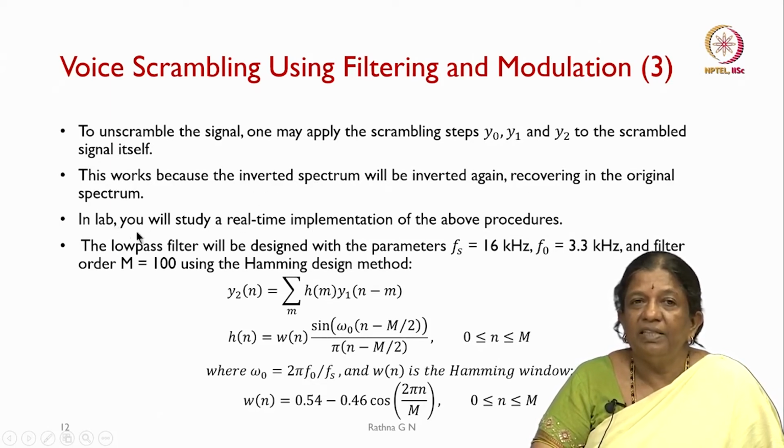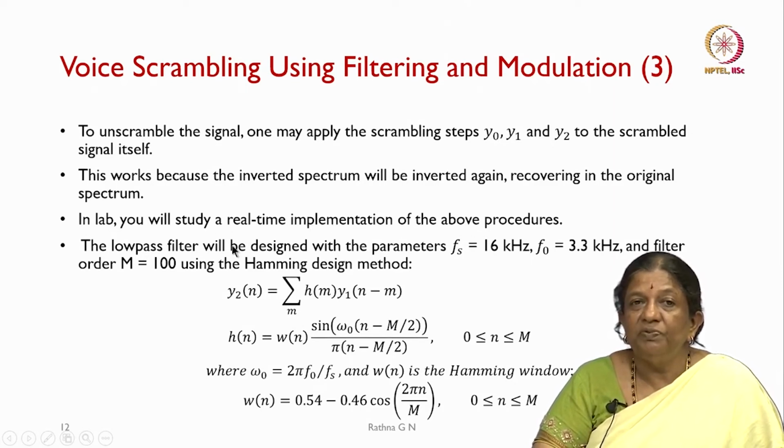In the lab, you will be studying a real time implementation of the above procedures. We will be demonstrating. Those who are interested can look into the code and run their own algorithm to implement this scrambling and then descrambling.